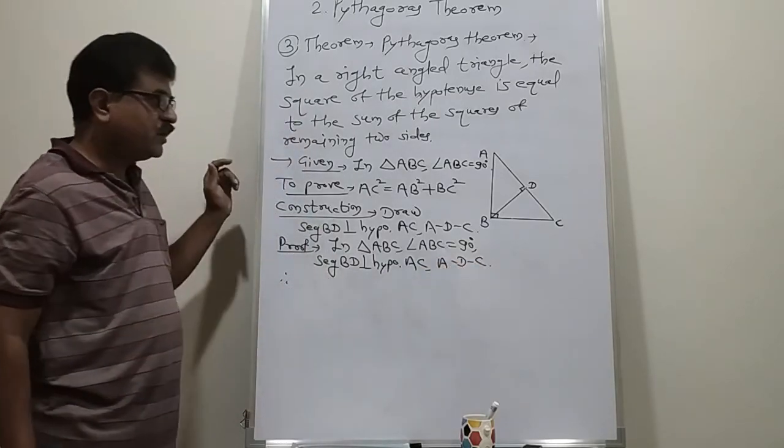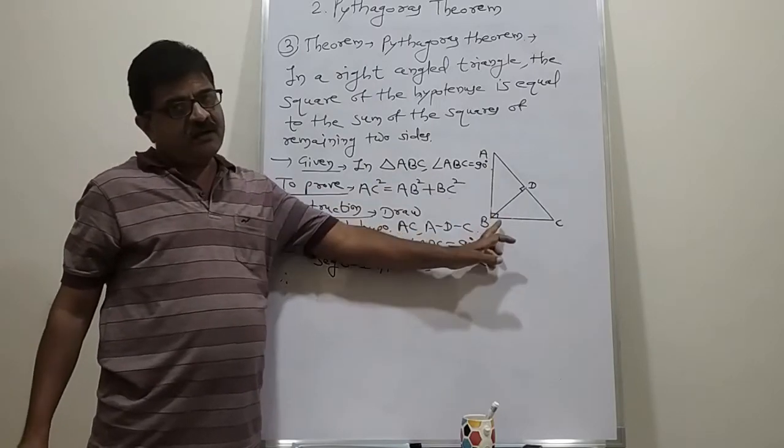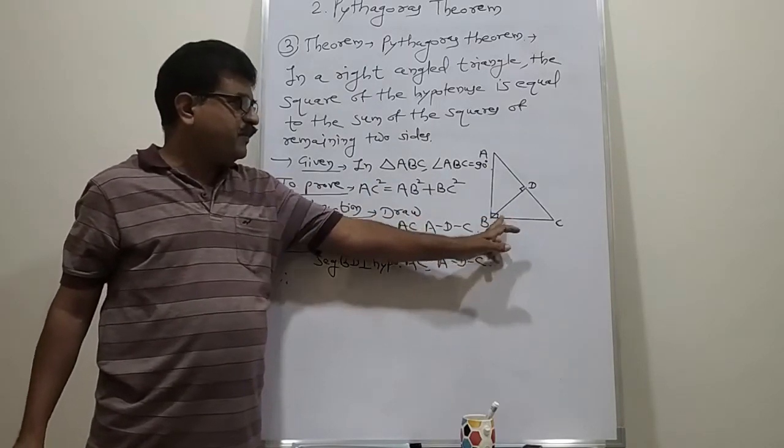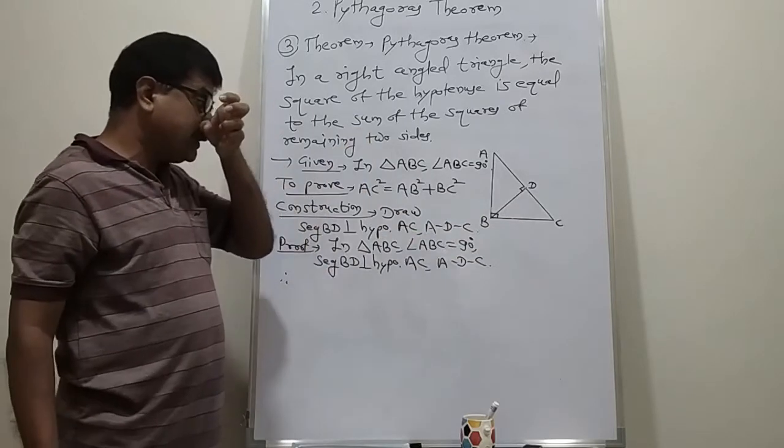Therefore, that is in a right angled triangle BD is perpendicular to hypotenuse AC.